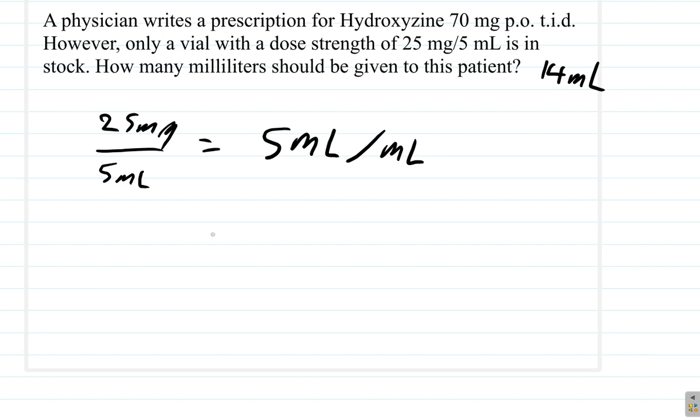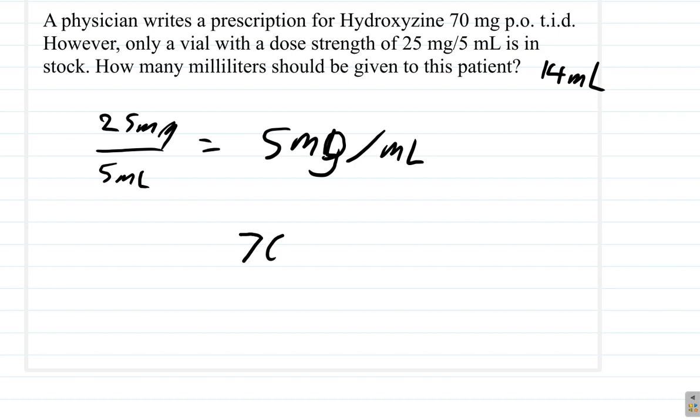Now, how many 5 milligrams are supposed to be in what the patient should take? Because if you give them 1 milliliter, that's only 5. If you give them another milliliter, that's only 10 milligrams. A third milliliter would be only 15 milligrams. How many should you give?